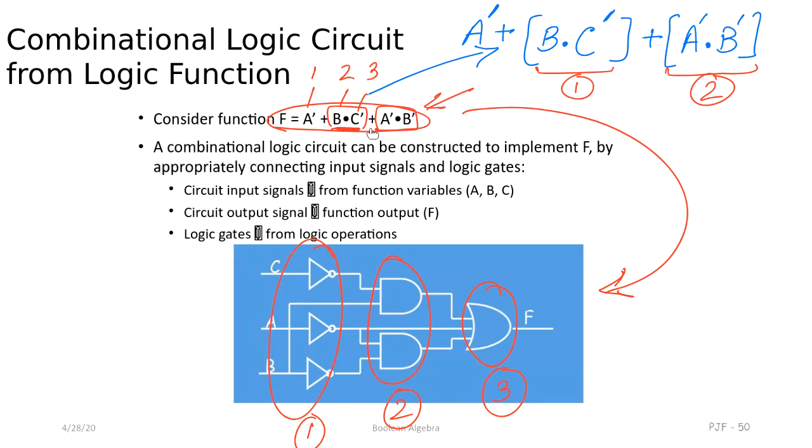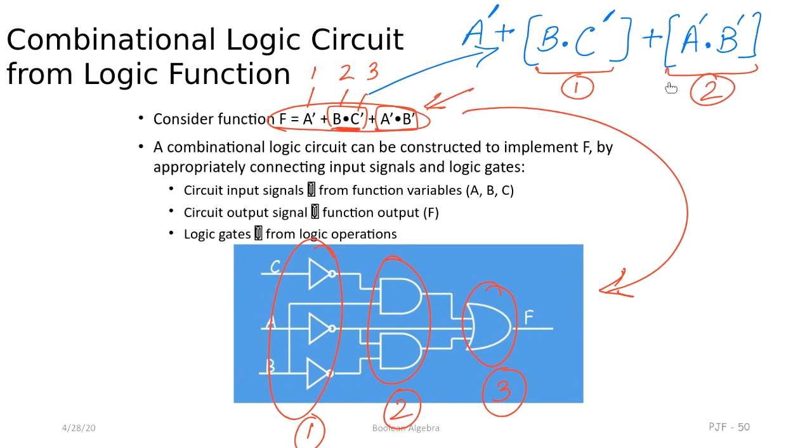This is the mathematical principle. The same is being followed here. In this function, B dot C inverse, which I have put brackets around, and A inverse dot B inverse, I also put brackets here. So these two are the multiplication functions. From here you can think that you need two AND gates, because AND gates perform multiplication.